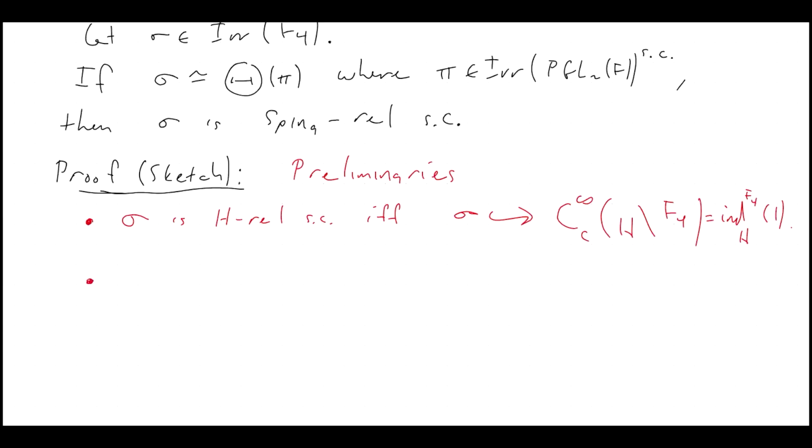And then as we just saw, this compactly induced space we can realize in terms of the minimal representation. This compactly induced space, as we just saw, is isomorphic to the minimal representation of E7, where we take the PGL2 twisted covariance.